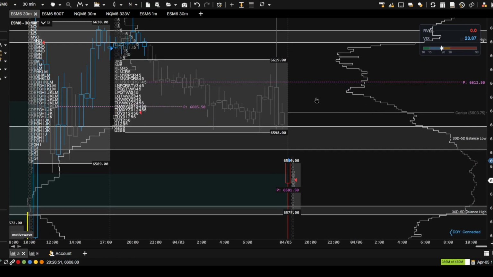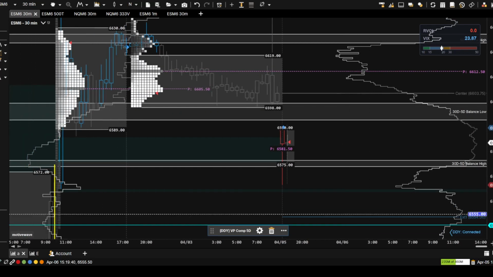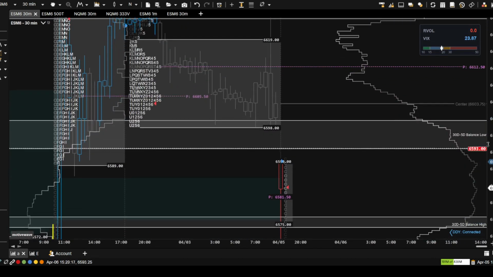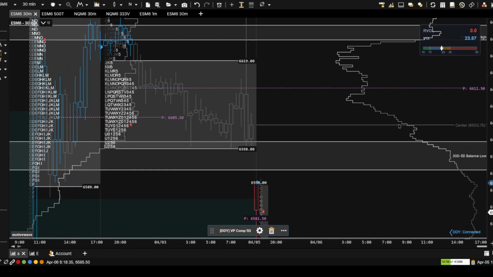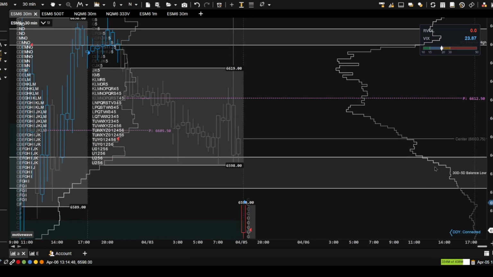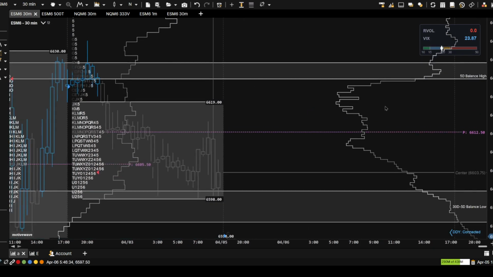But another scenario that we could see, and I would like to see that, is for bullish. For bullish, we go up above 600, maybe until 610, a breakout of this area, an acceptance, creating volume, and spending a lot of time, and go back to this balance low for longs.